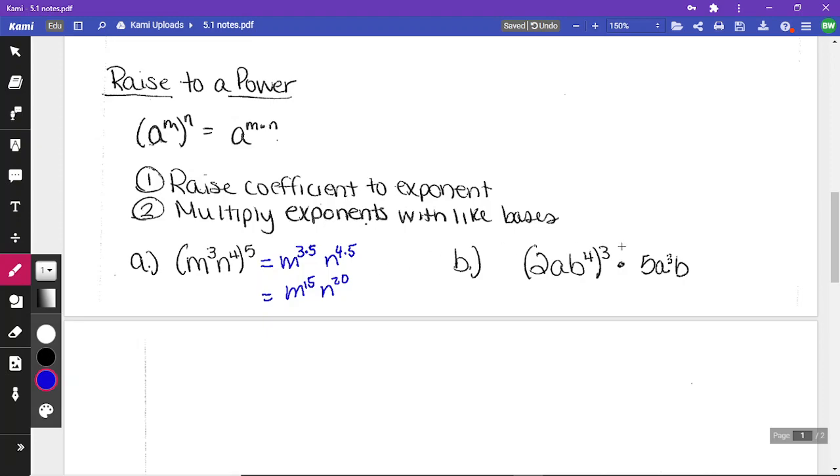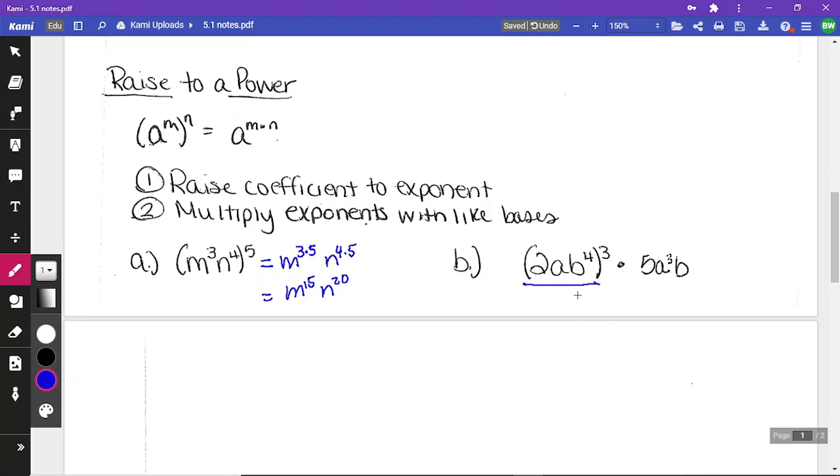Okay, so we look at the next example, and this is one that does have coefficients. So we have to raise that coefficient to that exponent. So we have in this first one, 2 is inside there, right? 2 is the coefficient in that expression, 2ab to the fourth.